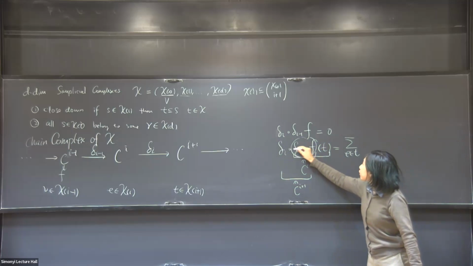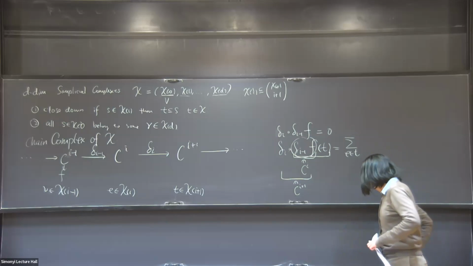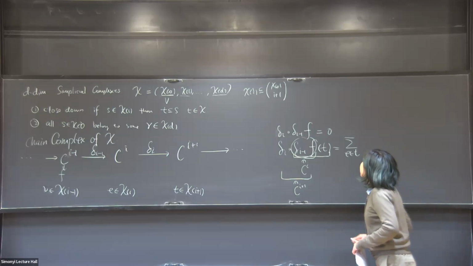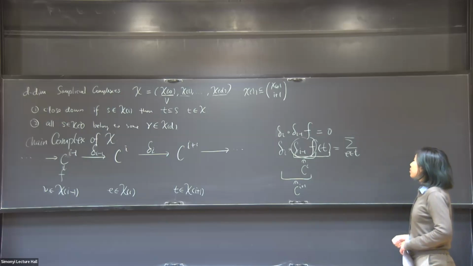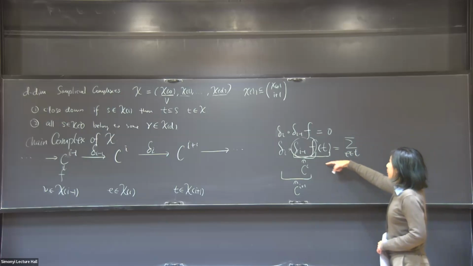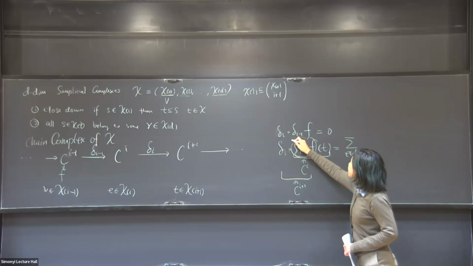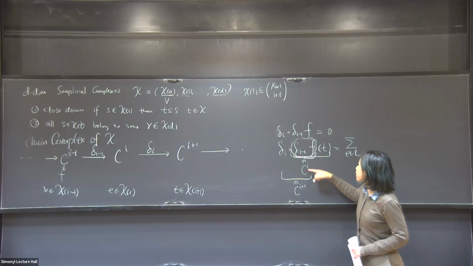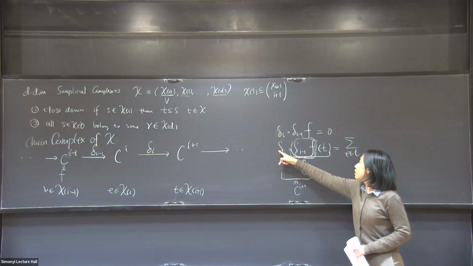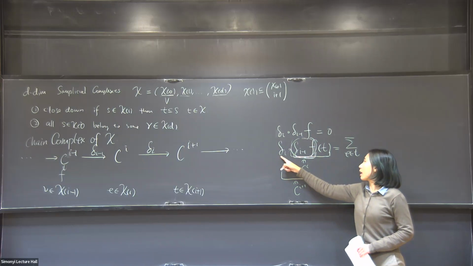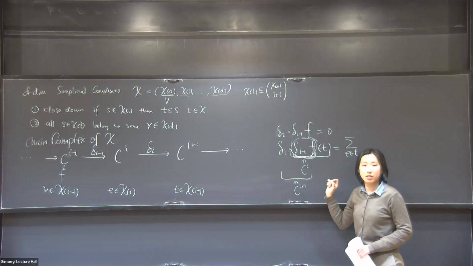So I should treat this as a function in Ci and think about what it means to apply this coboundary operator to it.